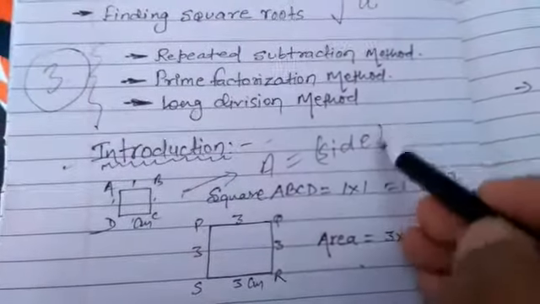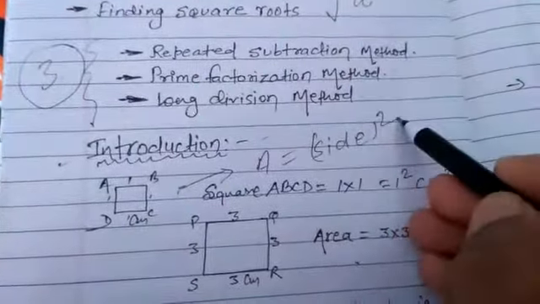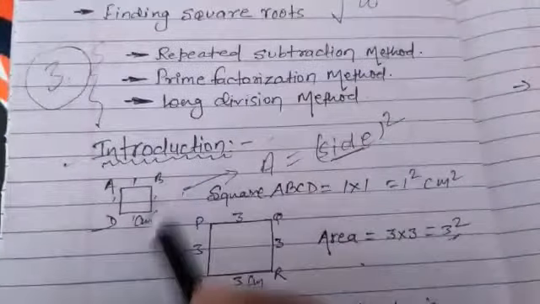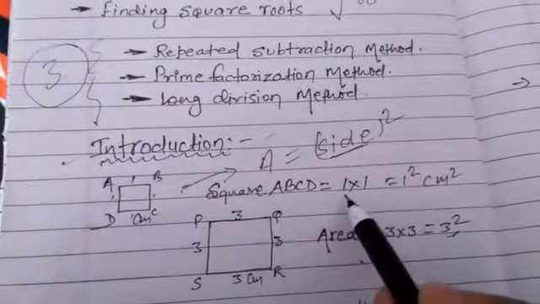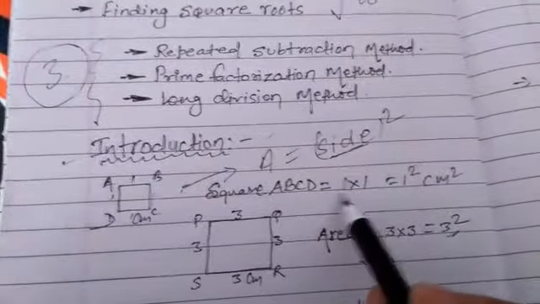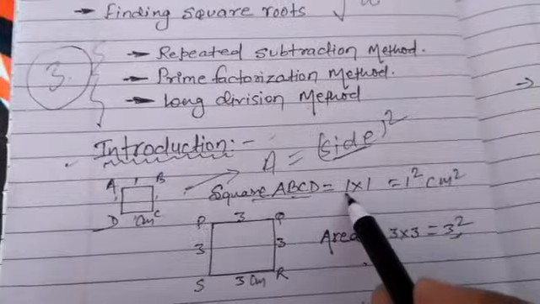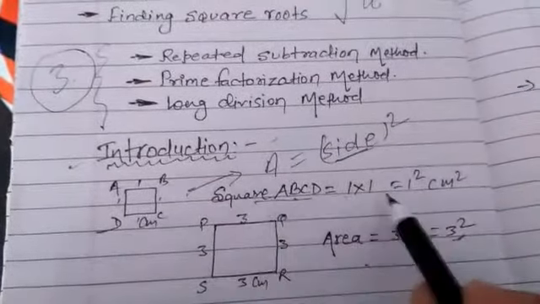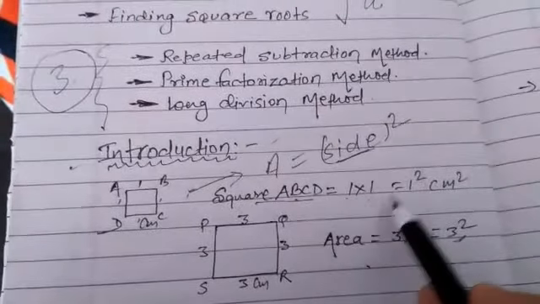Side square. So you can see that we are going to use this formula to determine the area over there. As you can see, for a square ABCD, the area is length into breadth, and in the case of a square, length and breadth are equal, so we use side into side.